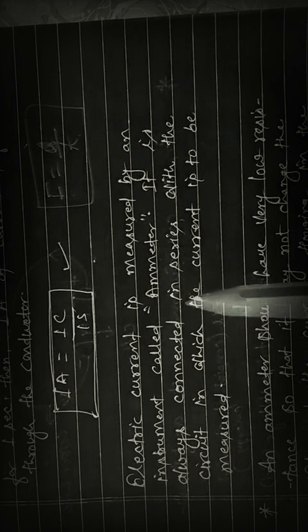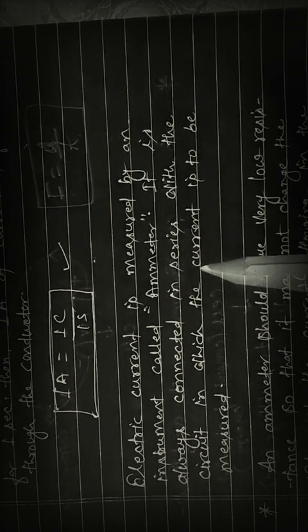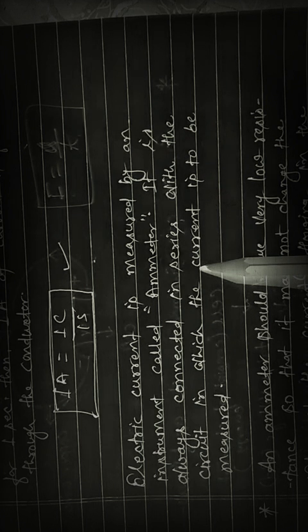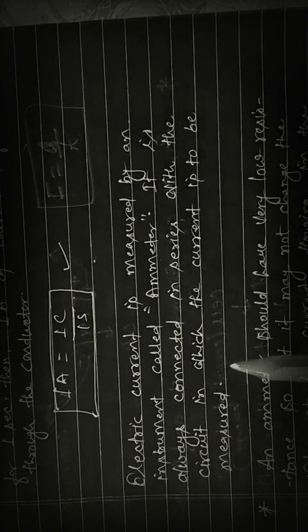Now, electric current is measured by an instrument called an ammeter, as I told you, and potential difference is measured by a voltmeter. The ammeter is always connected in series, but the voltmeter is connected in parallel, as I told you, with the circuit in which the current is to be measured. Understood?